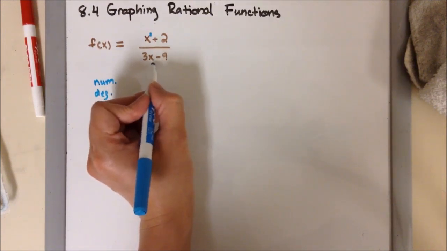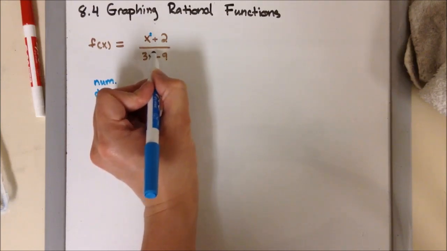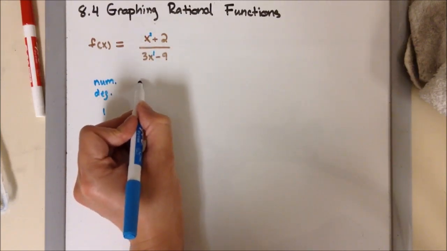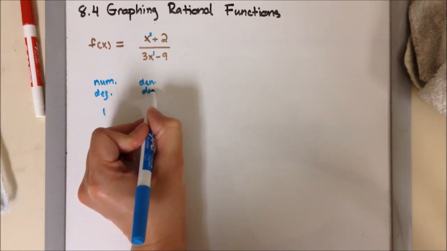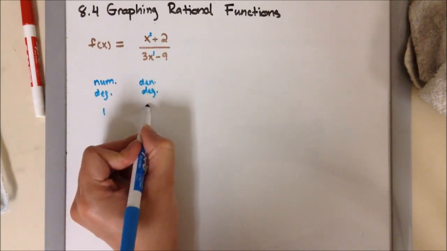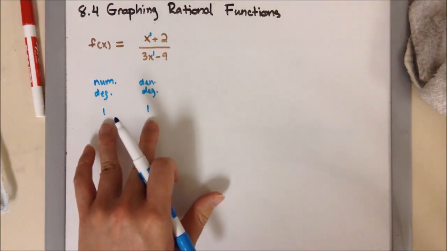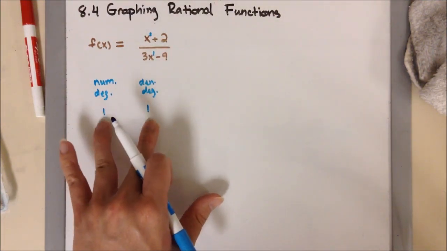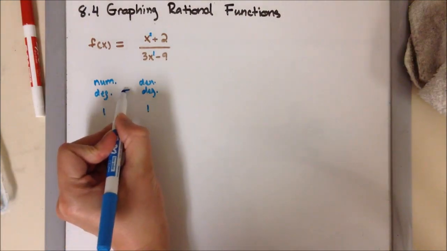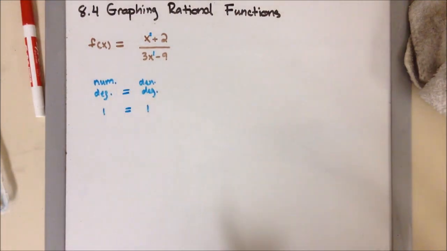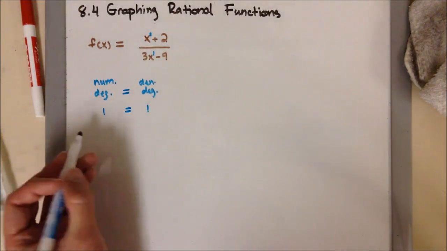The highest exponent in the denominator with the variable is also 1. I'm just writing this step by step. So you can see here that numerator degree is 1 and denominator degree is 1, therefore they are equal to each other. If they are equal to each other, then it's going to be the leading coefficient.